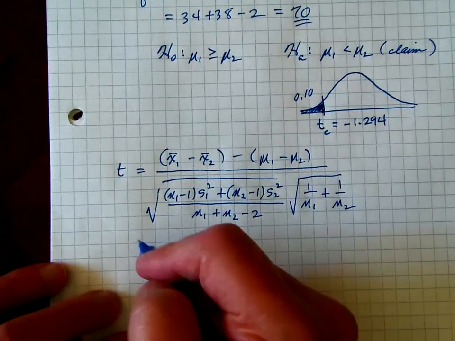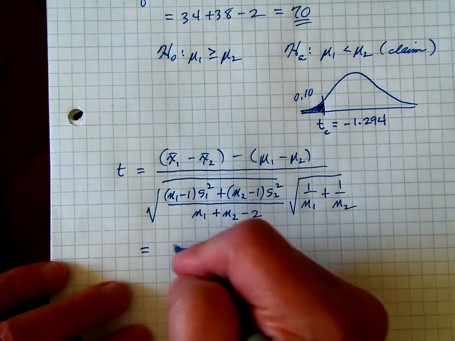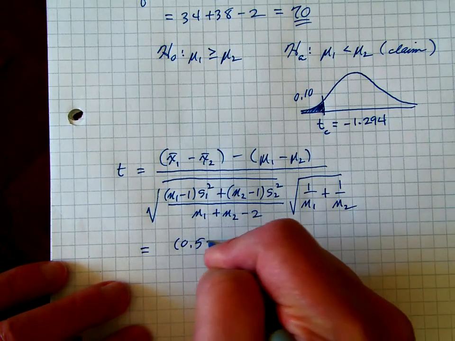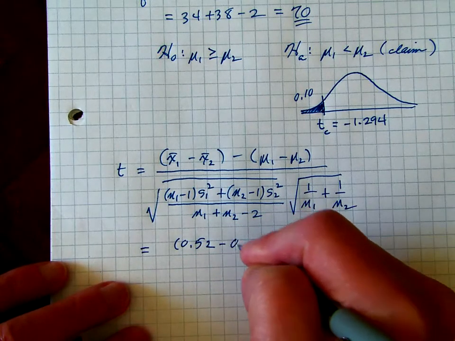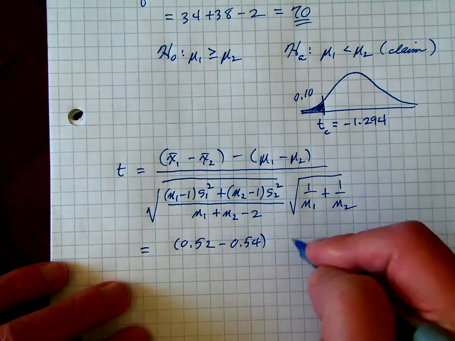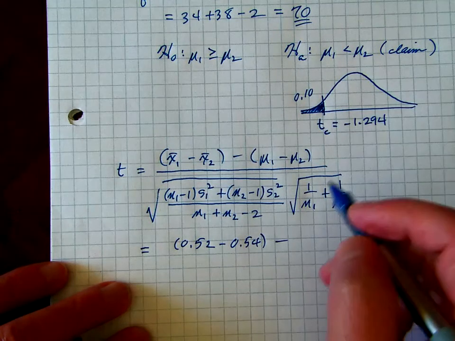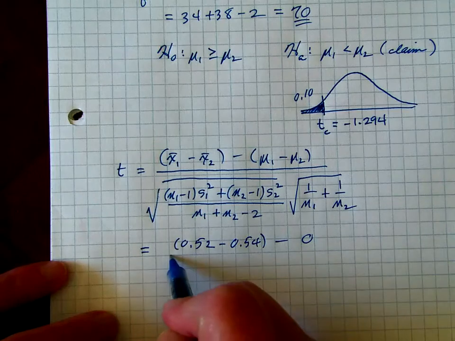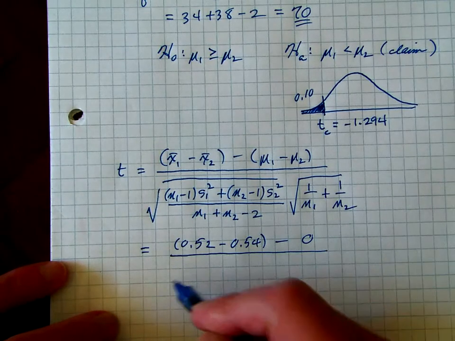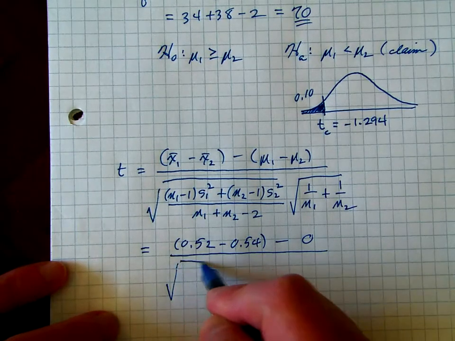If you start plugging into things, you've got 52 cents minus 54 cents. The null hypothesis assumes equality, 0. That's nice. I have a couple of square roots to compute here.